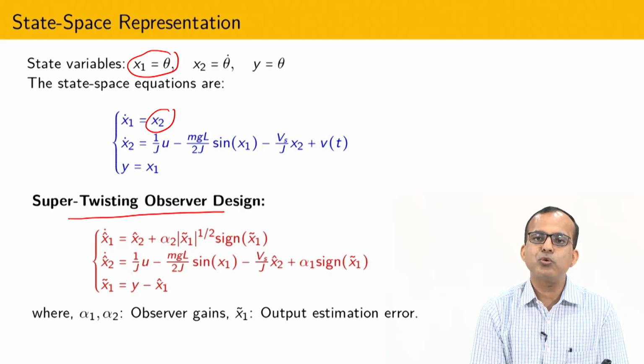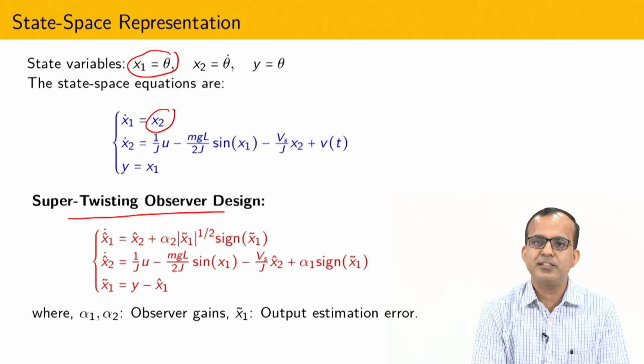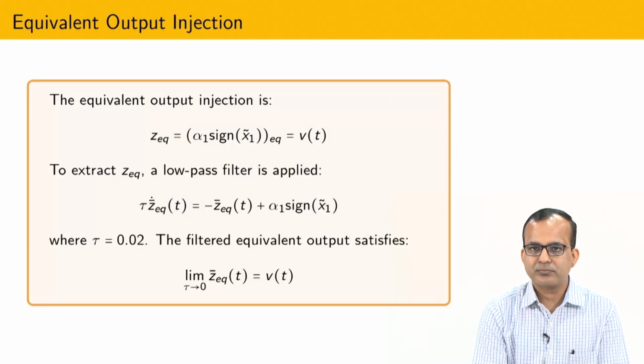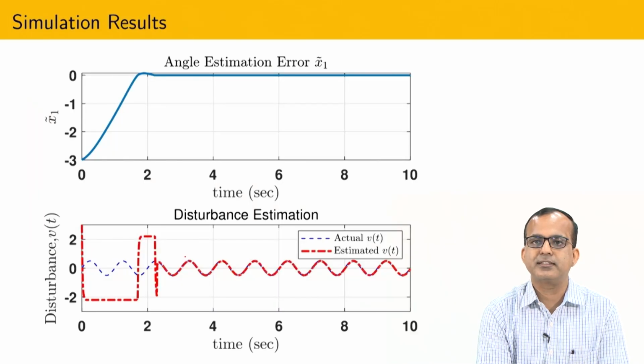But again I am going to comment that if you know the model, then you can design the observer, but if you don't know the model, then you have only one choice, that is the differentiator. Okay, and after that we can calculate again Z1 equivalent, that is the equivalent gain, by passing through the low pass filter. You can see here I have selected tau, and this is the simulation result.